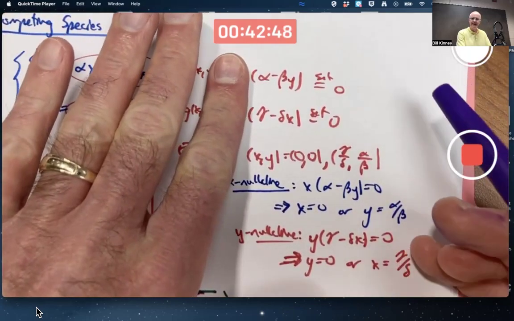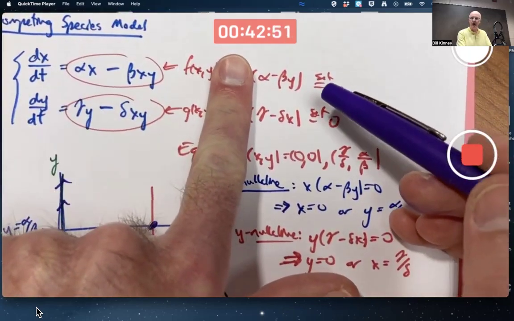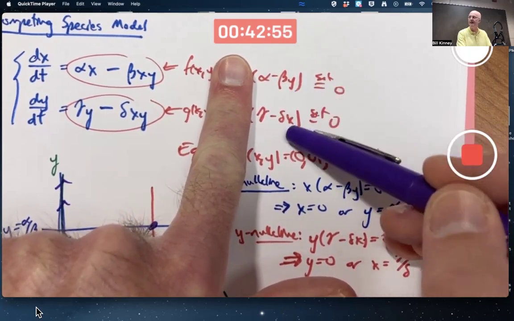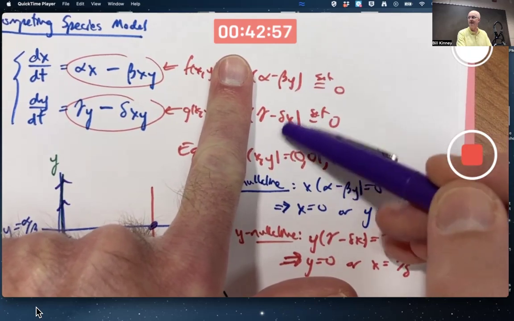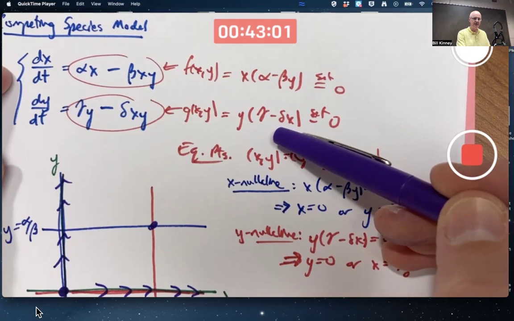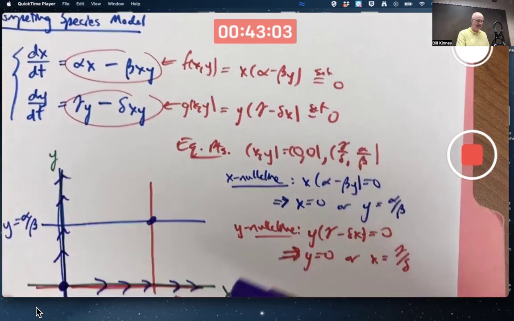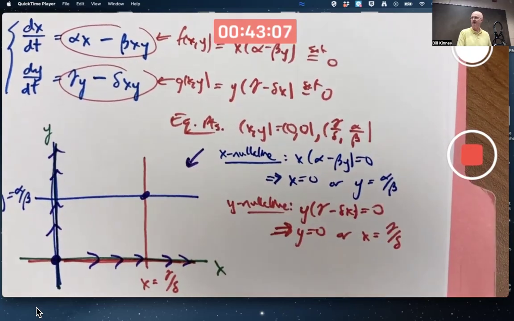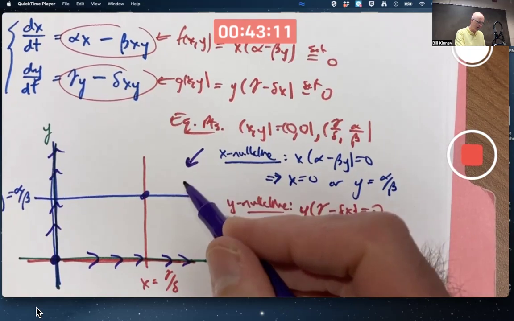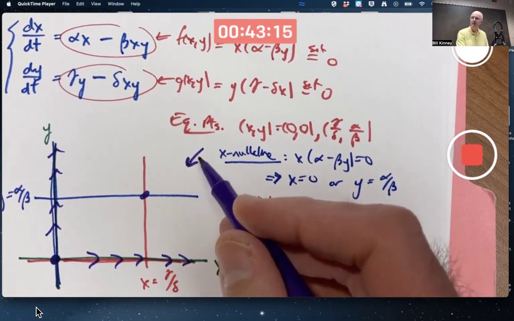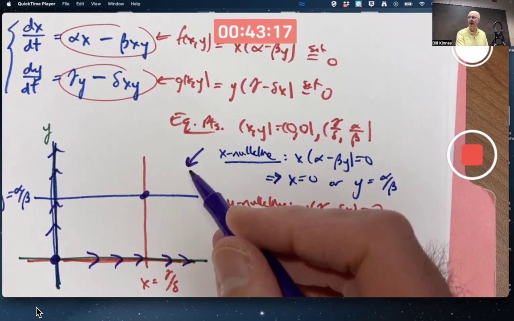If x and y are both large positive numbers, because you're subtracting positive constants times them, these both become negative when x and y are both large, meaning both dx/dt and dy/dt are negative, meaning they decrease, both of them. You have to have an arrow pointing to the southwest, down and to the left, because x and y are both decreasing when x and y are both large.